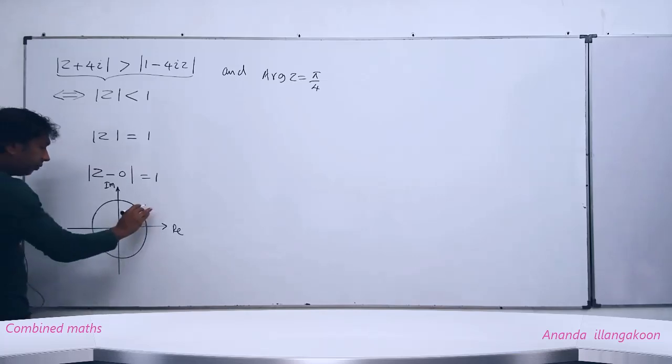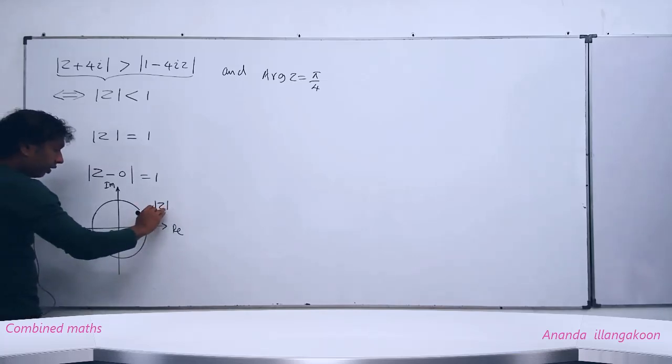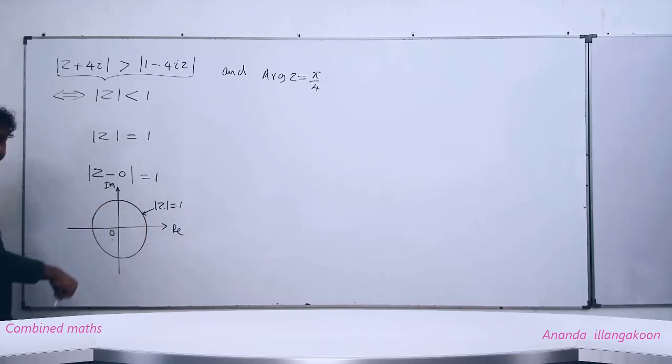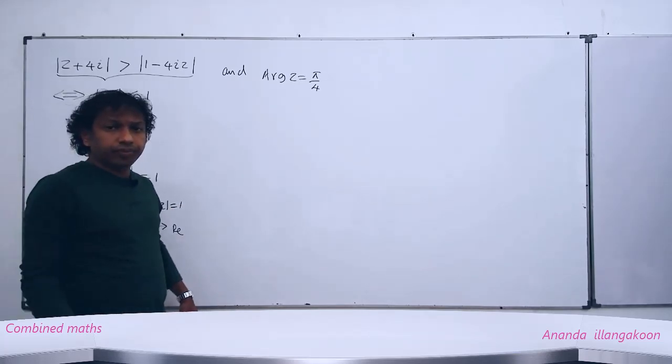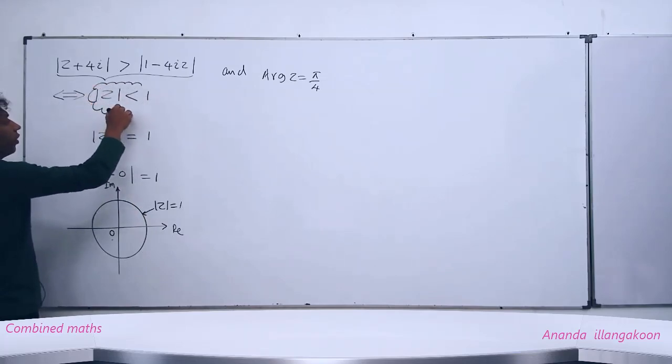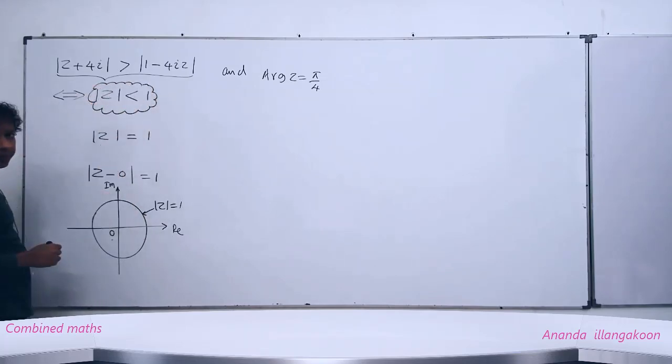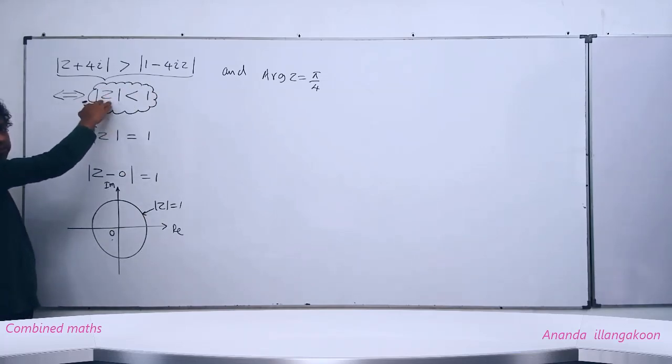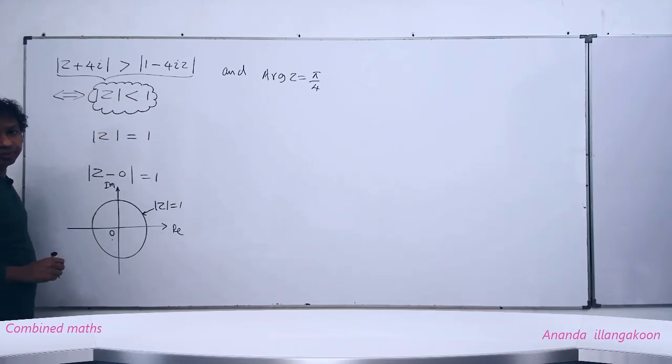Then this is the mod z equals 1 region on the circle. But what region do we need, people? Mod z less than 1. Less than 1 means, people, inside the circle. Really, this means z is a complex number whose modulus is always less than 1. People, what does the modulus of a complex number mean?